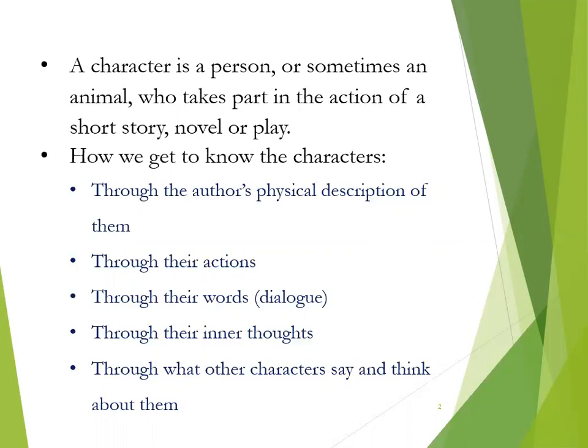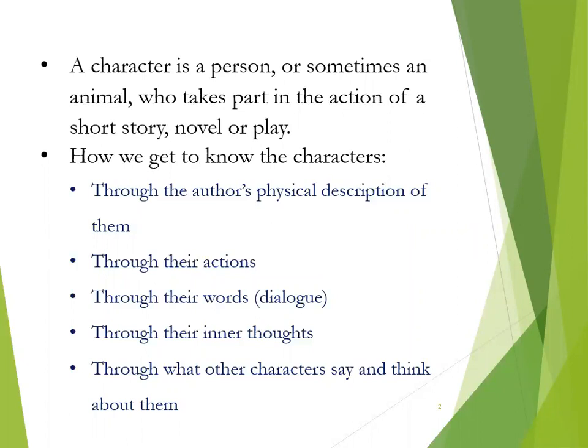Then next is through the actions. When the story happens, the writer describes actions and events in the story. How the particular character behaves, or what type of action the character does, from that behavior we understand what type of character it is, the nature of that character.